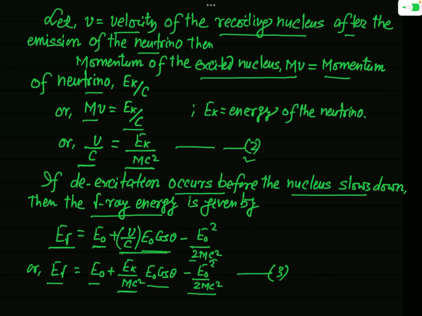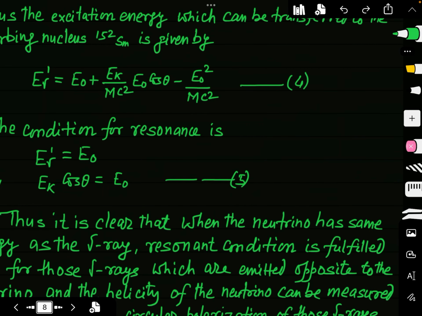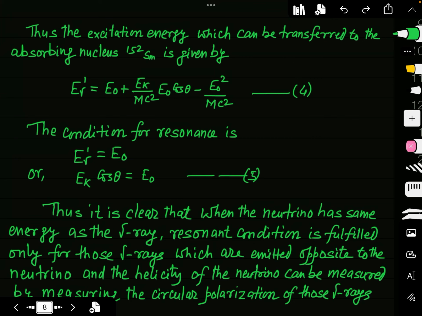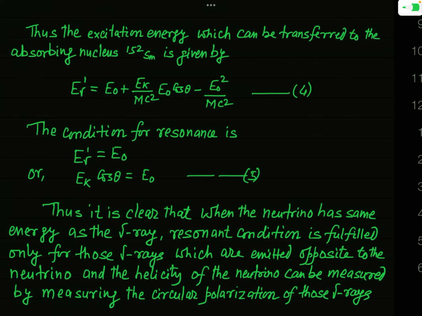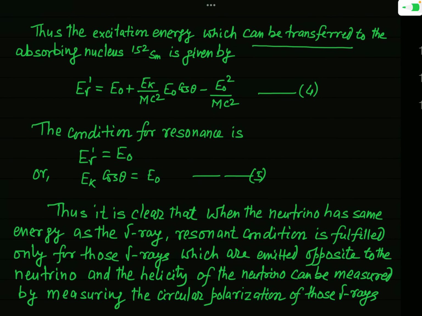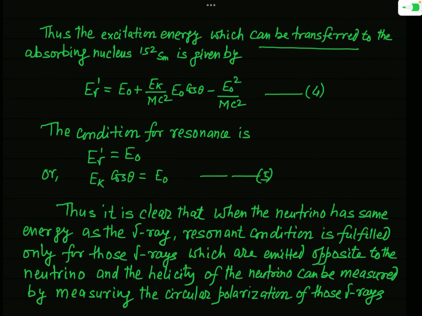Now for the resonant condition, the excitation energy which can be transferred to the absorbing nucleus Sm152 will be E gamma prime, and that is equal to E naught plus Ek over mc square E naught cos theta minus E naught square over mc square. This is the excitation energy which is transferred to the absorbing nucleus.